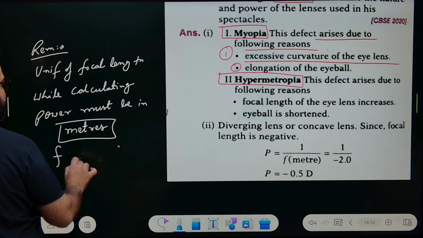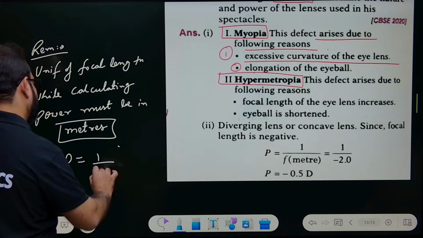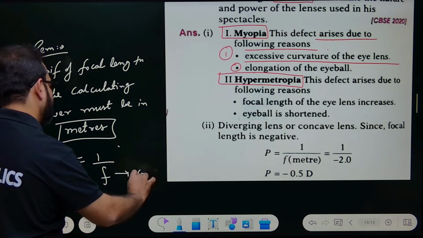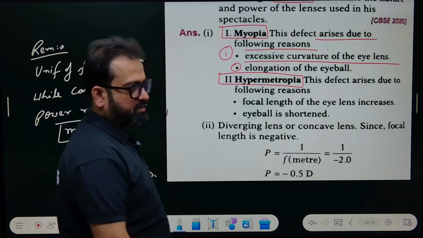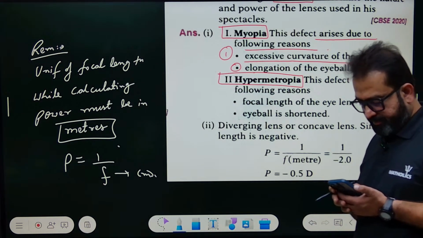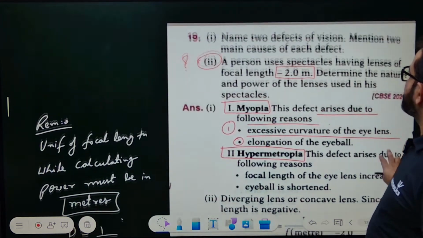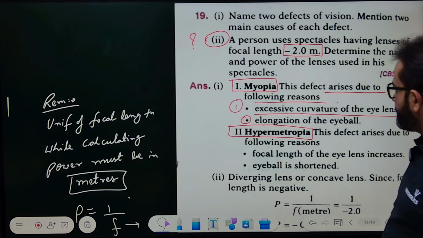If the power formula is 1 by f, this f has to be in meters. This is to be remembered, and this question can come as it is in our exams. Okay, got it. I guess every aspect of this chapter is done now.